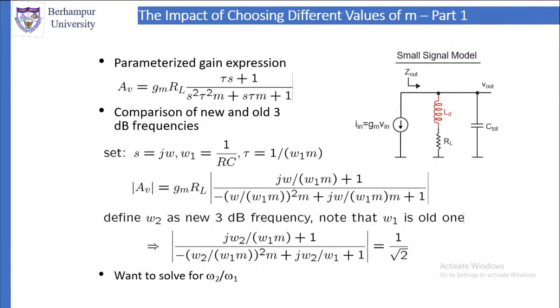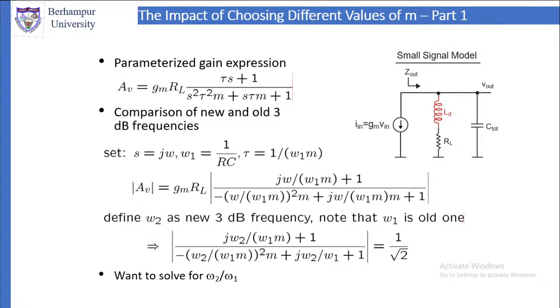Under that condition, the term under the magnitude should be 1 by root 2. So this implies that j omega 2 divided by omega 1 m plus 1 in the numerator, divided by minus omega 2 upon omega 1 m square into m plus j omega 2 upon omega 1 plus 1, should be equal to 1 by root 2.